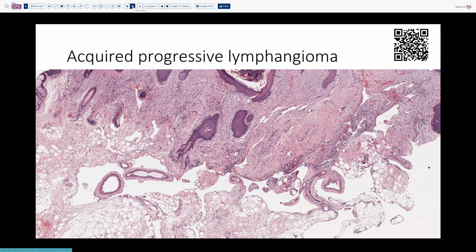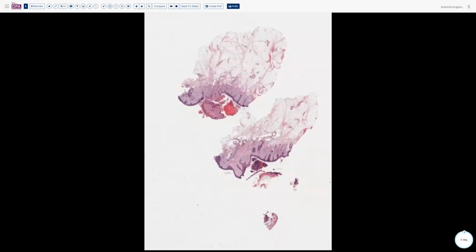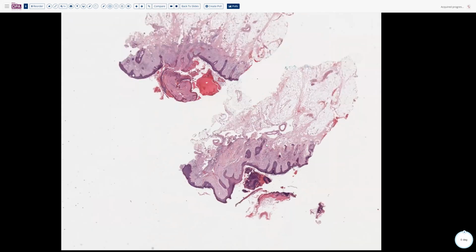This tends to be fairly superficial, but the intriguing thing about this is that it tends to sort of displace and invade around or involve the areas around the cutaneous structures.